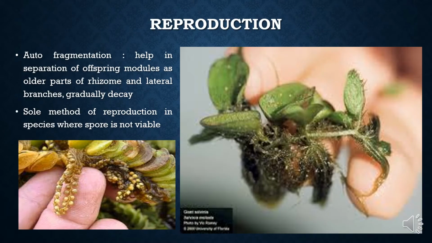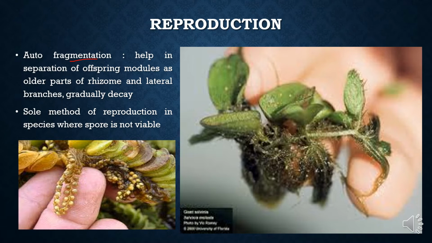So, reproduction in Salvinia is of two types. In some species, for example Salvinia auriculata, the spores are not viable. Reproduction by fragmentation is the only method by which Salvinia auriculata, which is sterile and has sterile spores, reproduces.